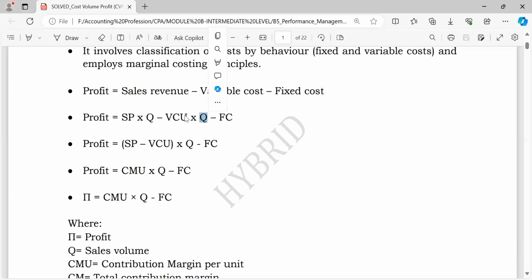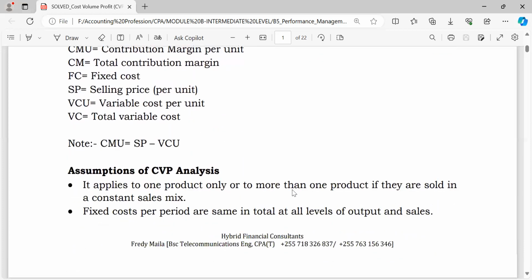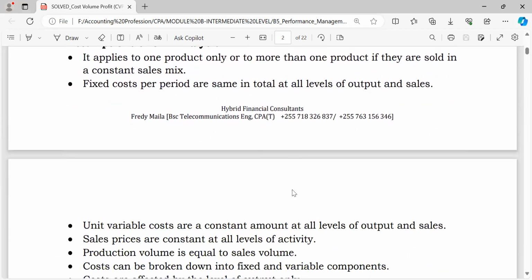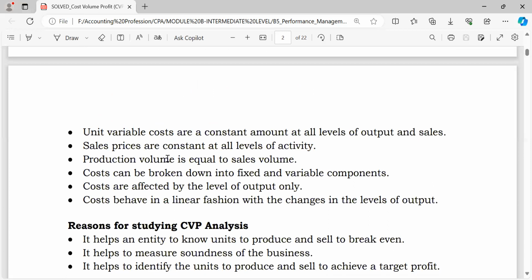The other Q was multiplied by cost, so it could relate to units produced. So for the Q to be the same, all units produced should be sold, right? It could mean that no inventory is kept in store. So that's why unit variable costs are also constant, as you saw from the formula, but also sales prices are constant at all levels of activity. Production volume is equal to sales volume, as we saw in that formula above.